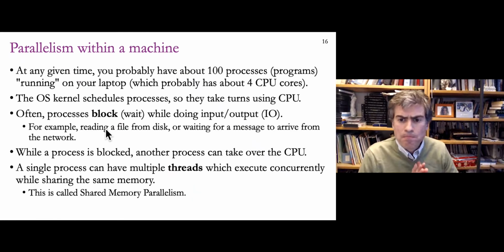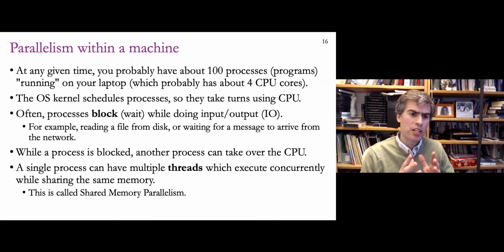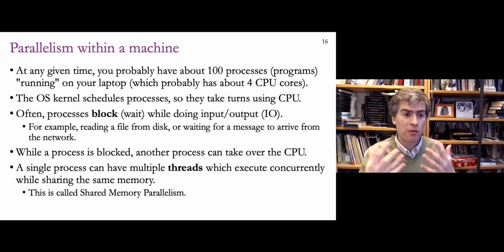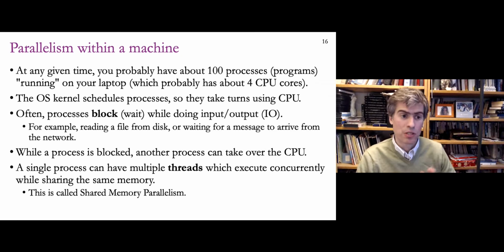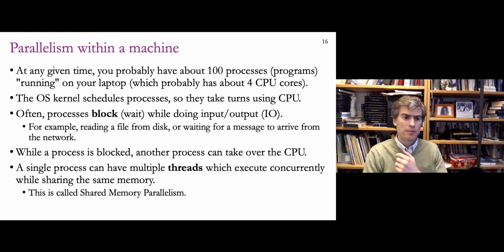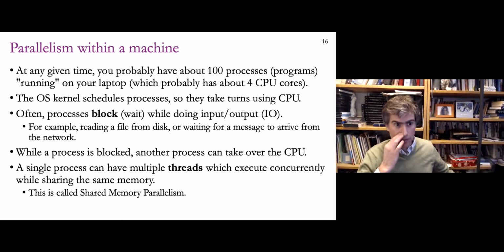Okay. On a given machine, so in this world where you only have one machine, you can buy a more expensive machine to get more CPU cores and faster CPU cores and more memory. If you get a machine that has lots of CPU cores, that allows you to do more things in parallel on that one machine.